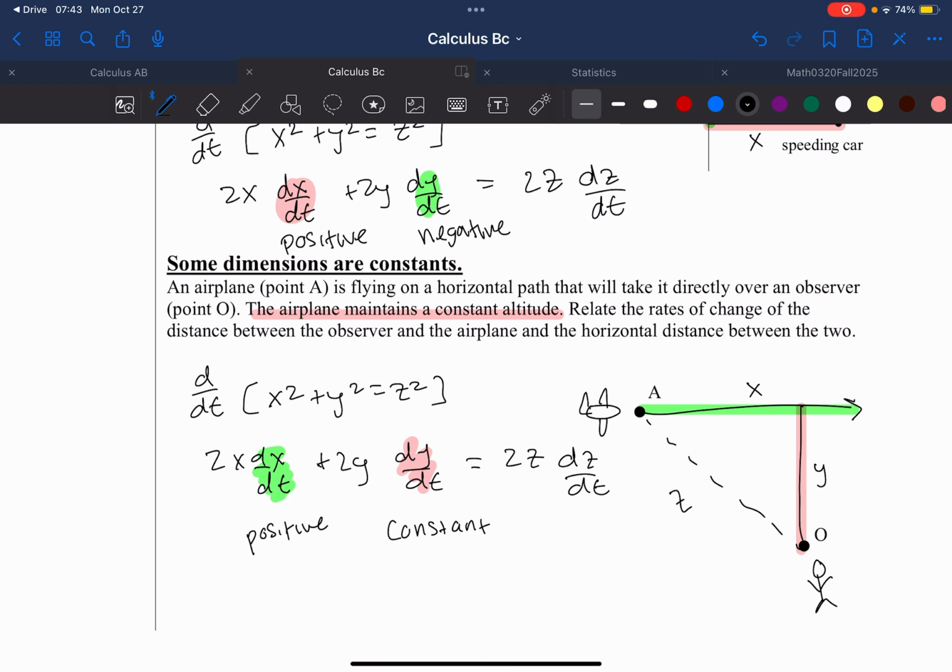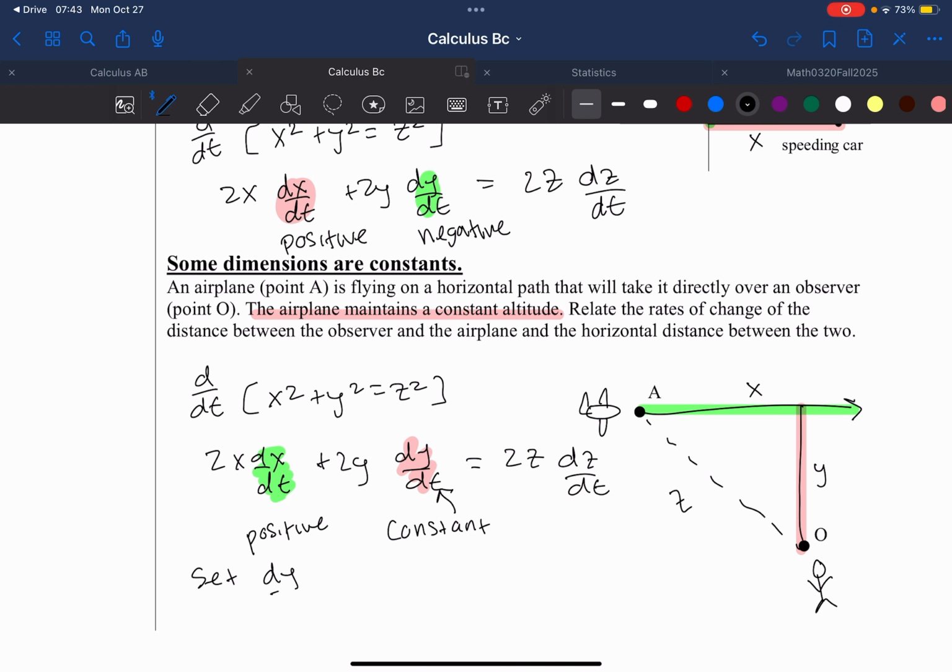Okay, and when we have something that's constant, that means it could be any numerical value. Well, let's go ahead and make dy dt 0. And that way we're able to put it in terms of dx dt and dz dt.